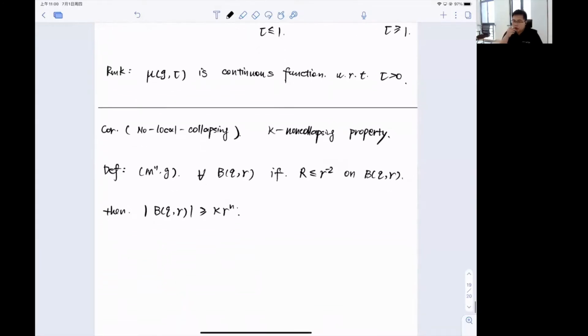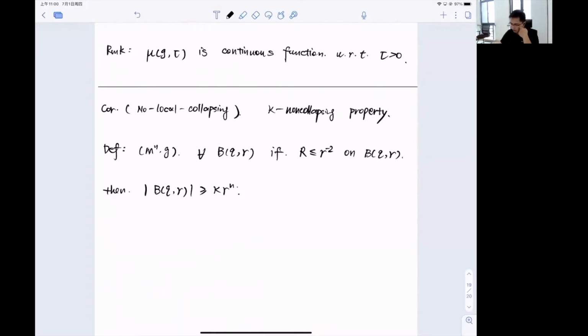Here we automatically assume that Kappa is positive, otherwise this would be trivial. So it means that as long as on some geodesic ball the scalar curvature is bounded above, then we know that the volume is bounded below. This property is called the Kappa non-collapsing property.